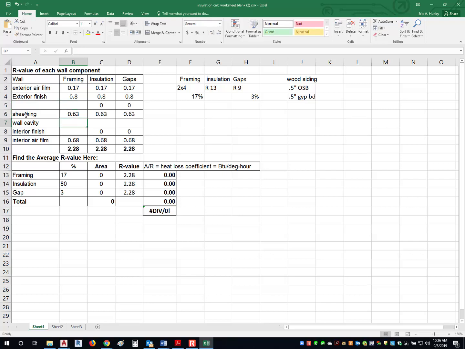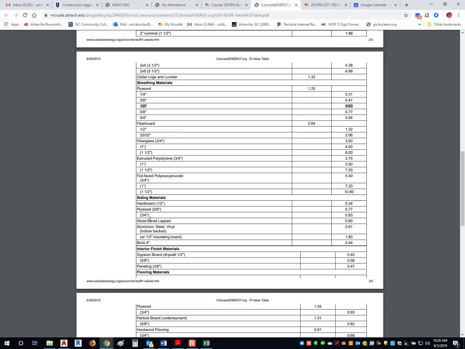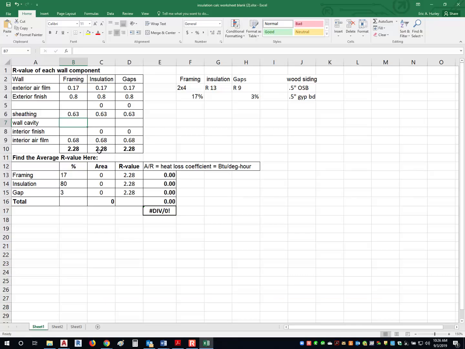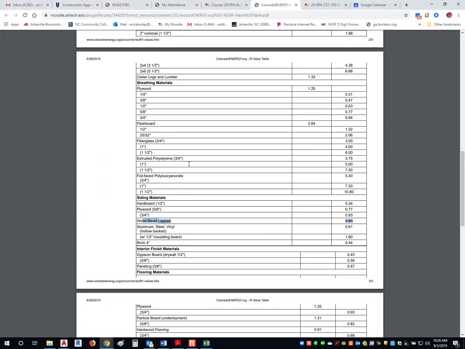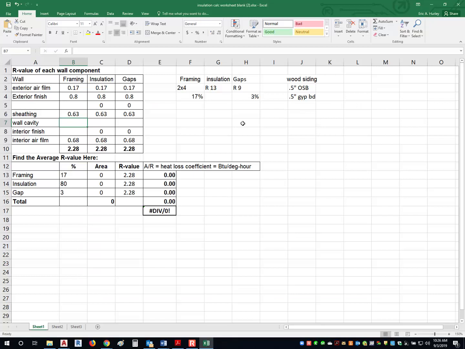All right, so that is my sheathing, 0.63, and I got that again right there, wood beveled siding, 0.8. Wait a minute, sorry, wrong row. I got that from 1/2-inch plywood, 0.63, and that's where it goes through all 3 of those.